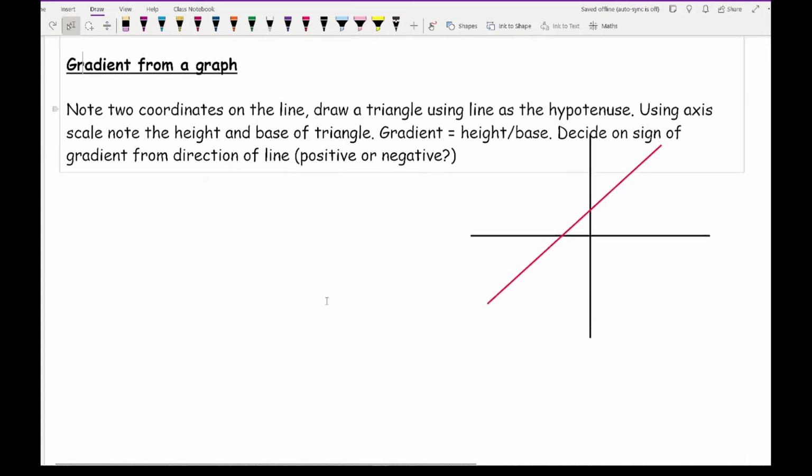The last thing to move on to is gradient from a graph. Here, what you want to do is note that two coordinates are on the line. So if we wanted to work out the gradient of this, you would need to pick two nice coordinates. Don't go for random coordinates where it's really difficult to read, like halfway in between boxes. Just try and pick two nice coordinates.